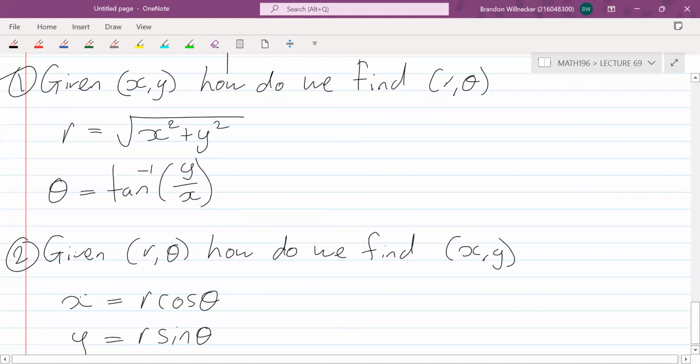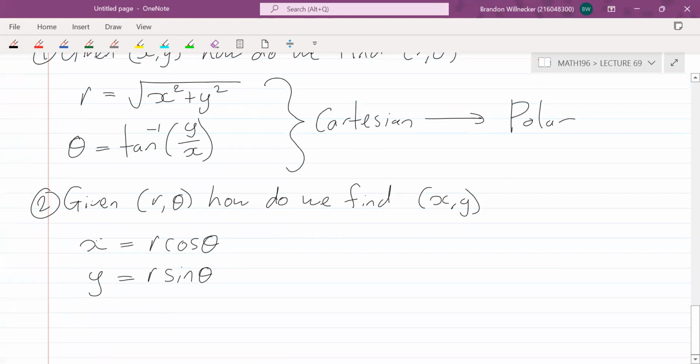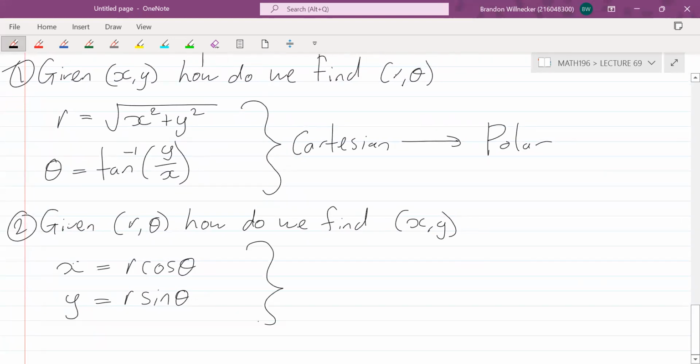Okay, so we've written out the coordinate transformations. If I want to go from Cartesian to polar, I use this first one. So this is given Cartesian, how do we get polar? We can use this first way. Or if I'm given the polar coordinates, how do I find the Cartesian?